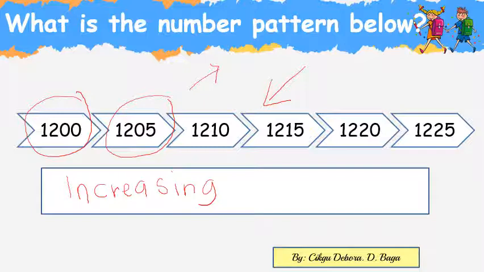We can see here 1200 plus 5 will get 1205, and to get 1210 it also needs to plus 5. So the number pattern for this series is increasing in 5 because it is plus 5.